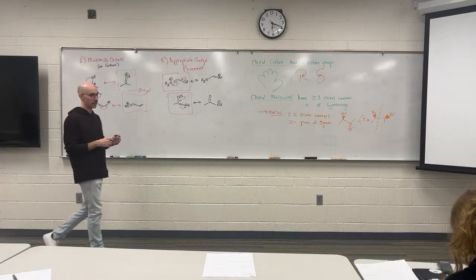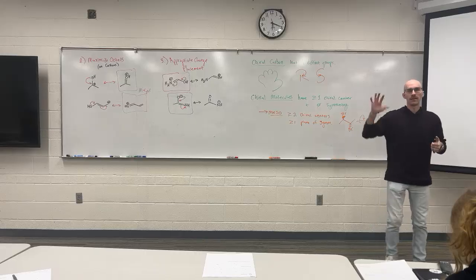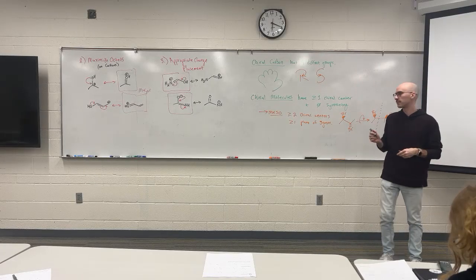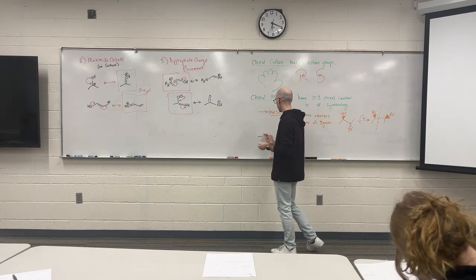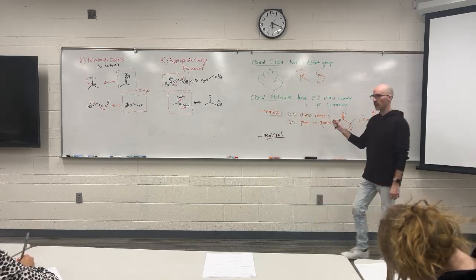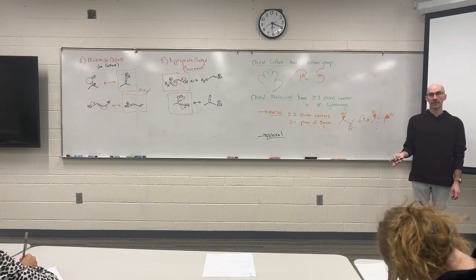What's the other term that we can use to describe chirality? There's chiral, meso, and the other category? Achiral. Now, to be fair, meso compounds are achiral because they are symmetric.